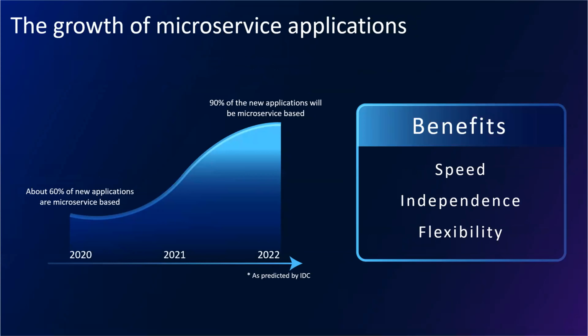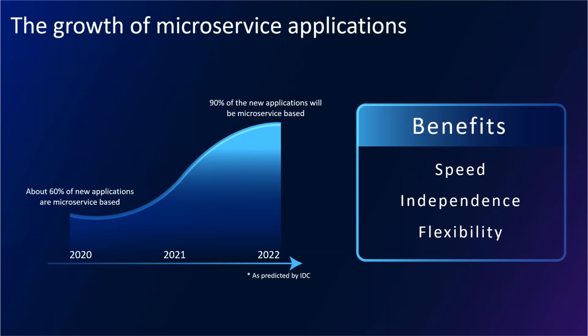What about microservices? There is a significant transformation happening here as well. What's interesting is that in 2020, this year, at least 60% of the new applications are microservice based. So all the new applications have this architecture where you no longer have a monolithic application; instead, the application itself is broken down into tiny pieces.